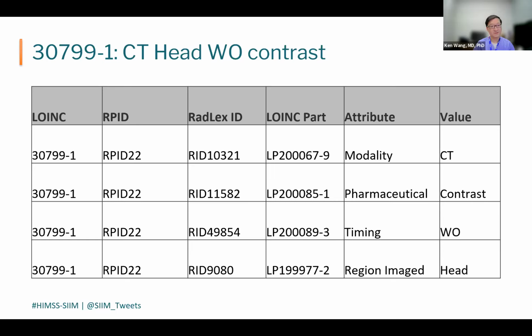The second row defines an element that relates to the use of contrast. The third row is the way that we say that contrast was not used in this case, so no contrast. And the fourth row is the region imaged, head. So again, just an example of how attributes and these values are used to define orderable imaging exams.